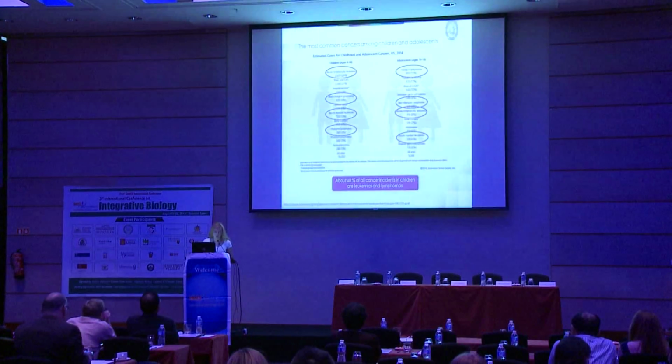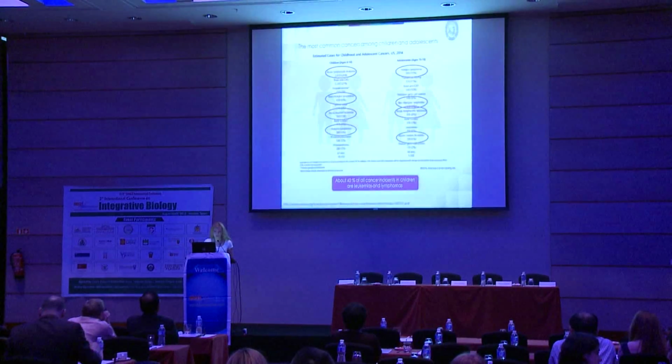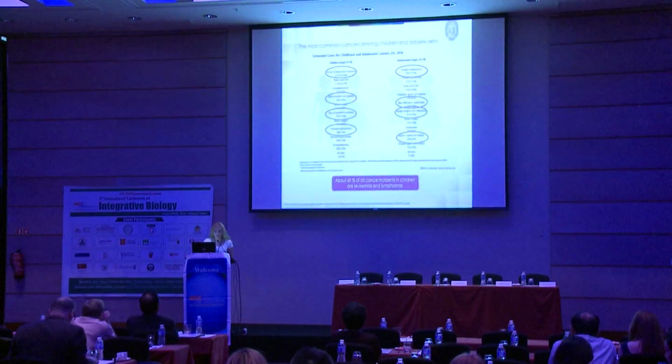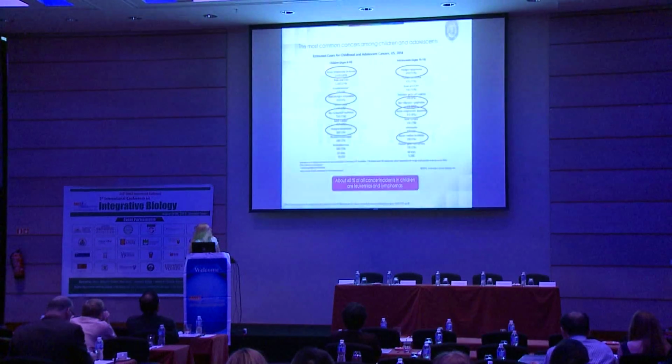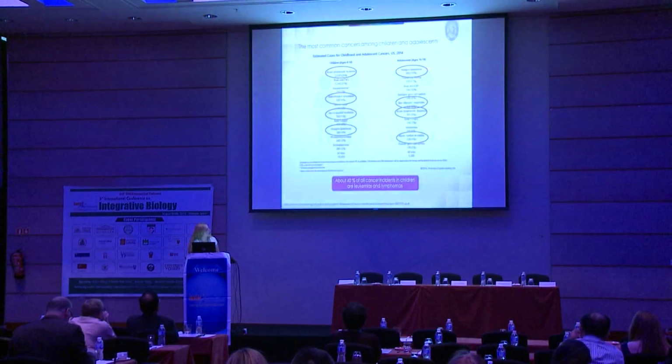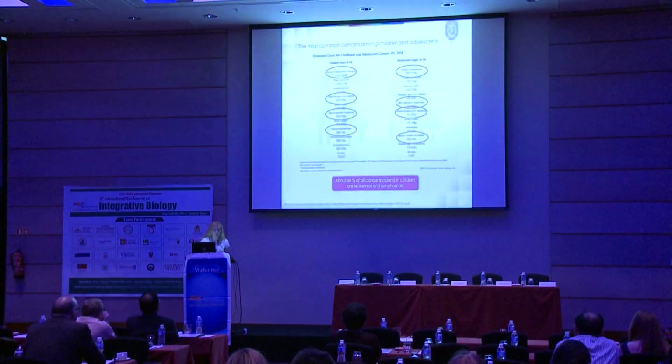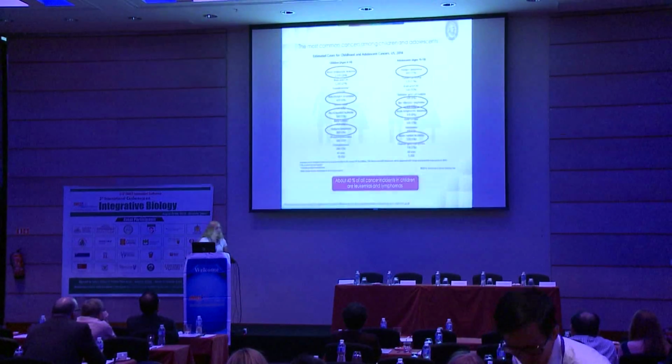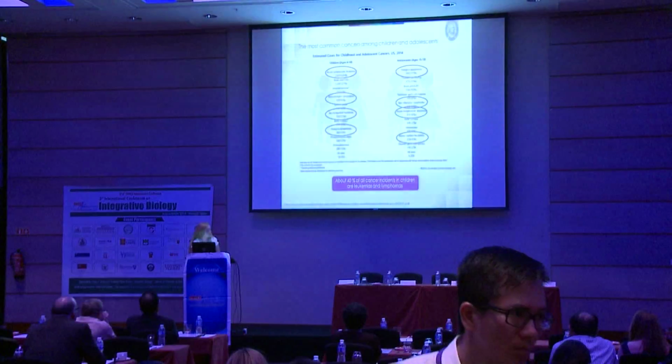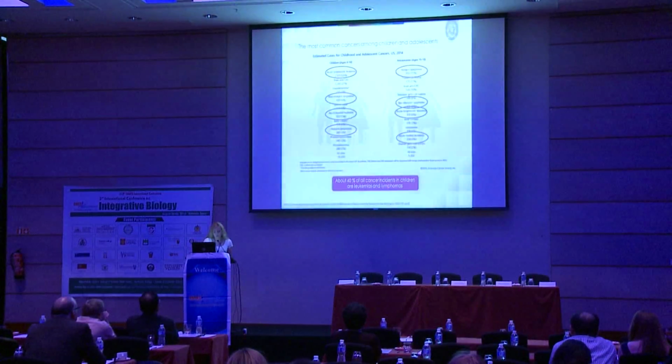Cancers which occupy the first place in children and adolescents are acute lymphocytic leukemia and Hodgkin lymphoma. But there are also other types of leukemia and lymphoma which cause about 40% of all cancer incidence in children and adolescents.